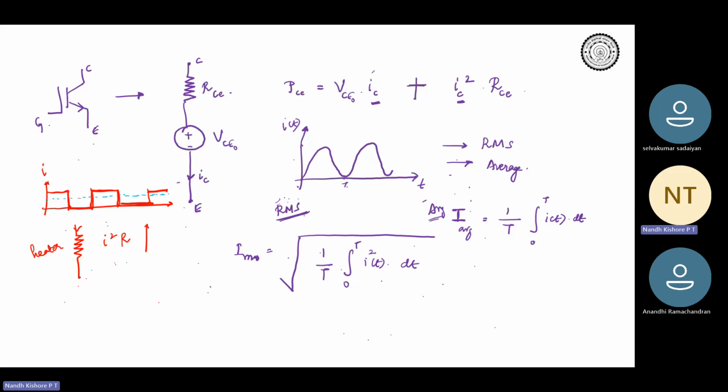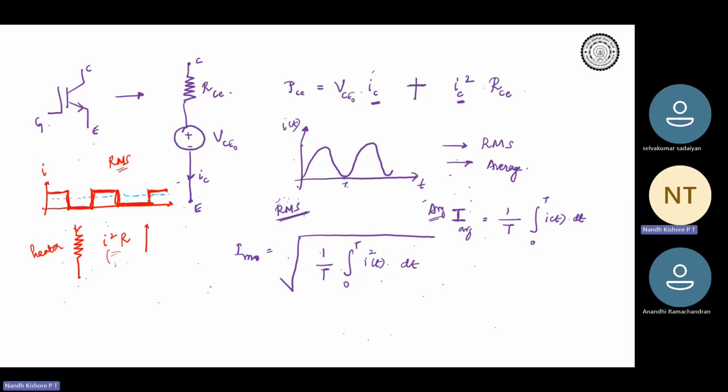Now the point is, there will be some I square R loss, and because of that loss, the heater gets heated up. What is RMS? RMS means the equivalent amount of current. Over here, this is a periodic current, on, off, and on, off, and so on.